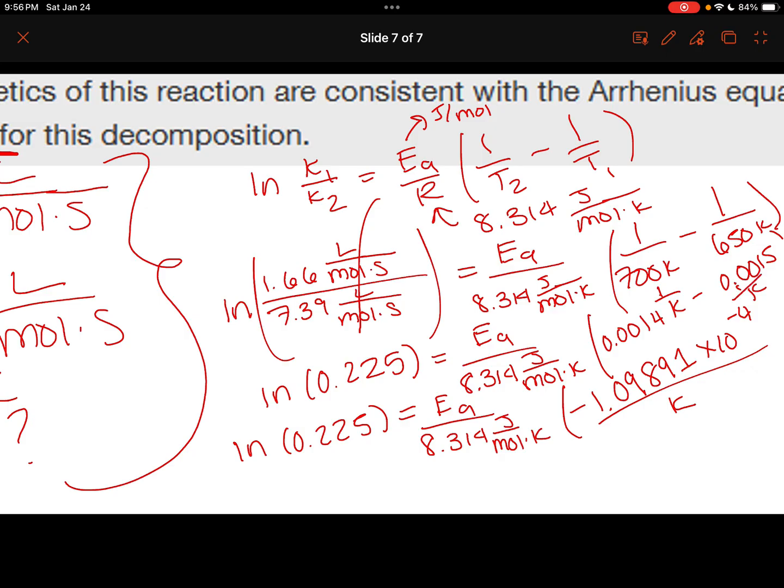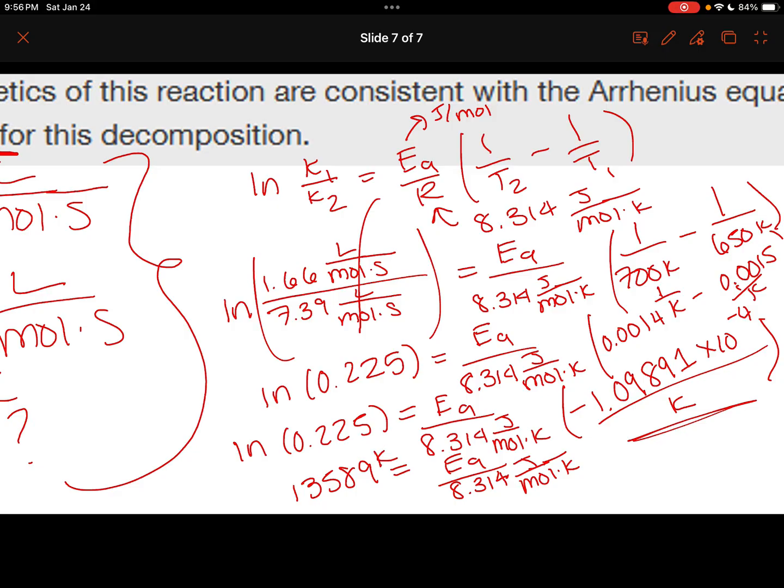Those are 1/Kelvins, not just Kelvins. Right. So then we're going to divide both sides by this, and we're going to end up with 13589 is equal to our activation energy over our gas constant. And the units here are Kelvin.